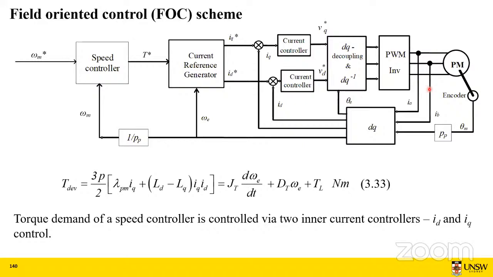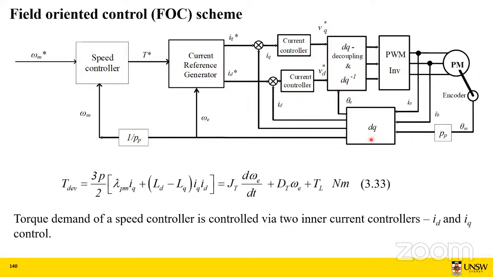So we only need two current sensors and a position sensor, and the rest of the things are in your microprocessor. And then of course you have the inverter in hardware. So with the two currents and theta, you apply the DQ transformation, and you get your ID and IQ currents as feedback currents.